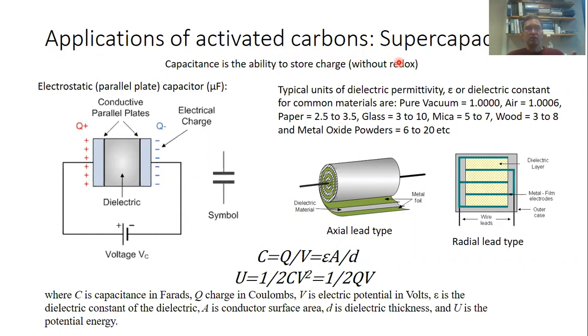The most simple capacitor is the so-called electrostatic, also called the parallel plate capacitor. And in this type of capacitor, you have two metal plates that are separated by an electrically insulating material, which is also called the dielectric.